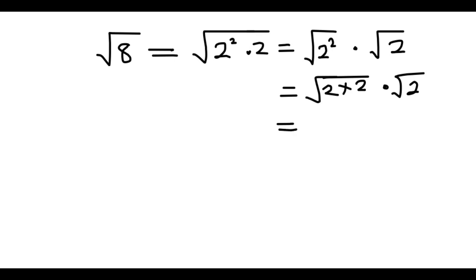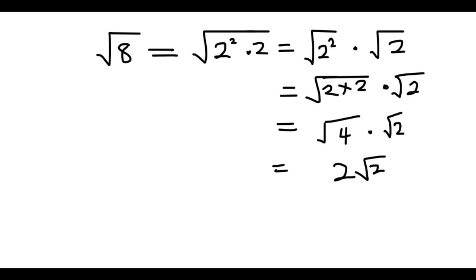So this gives us the square root of 4 multiplied by the square root of 2, and the square root of 4 equals 2. Then we multiply by the square root of 2.